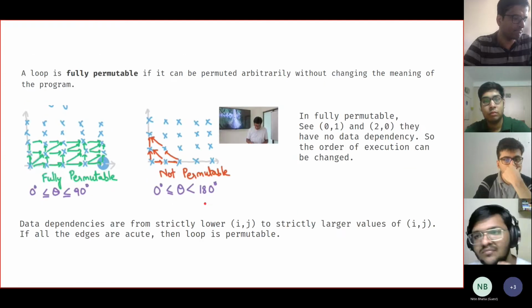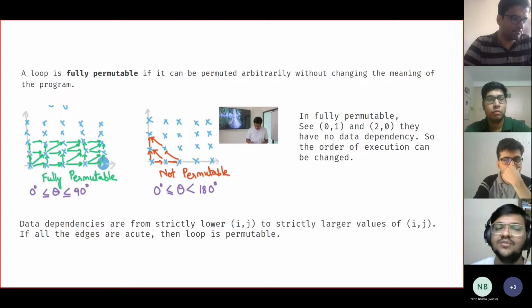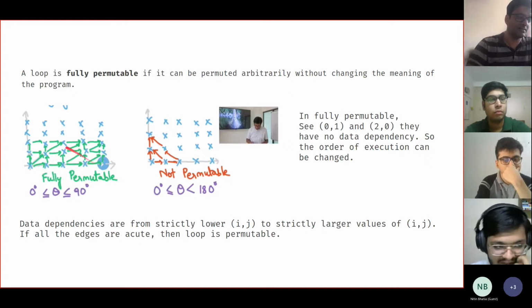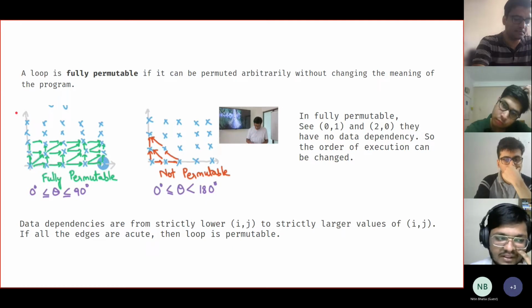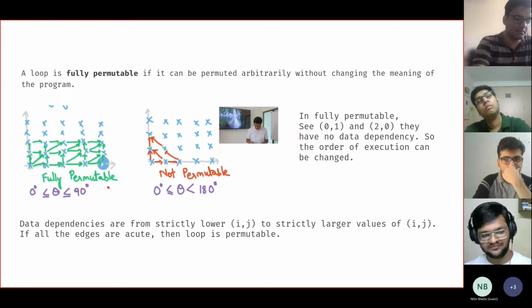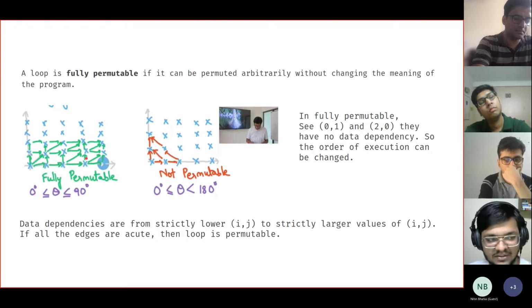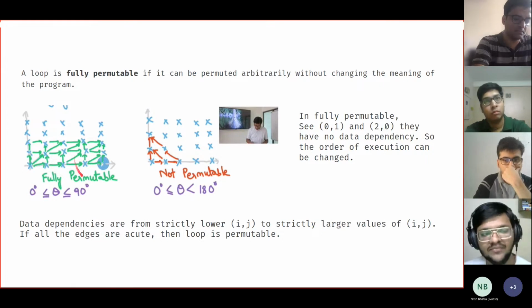So let's see the cases when we can consider our loop fully permutable. Let's take a simple case: a loop nest of depth 2. Here we have i and j, and we are just going to swap the axes to see whether it's permutable or not.